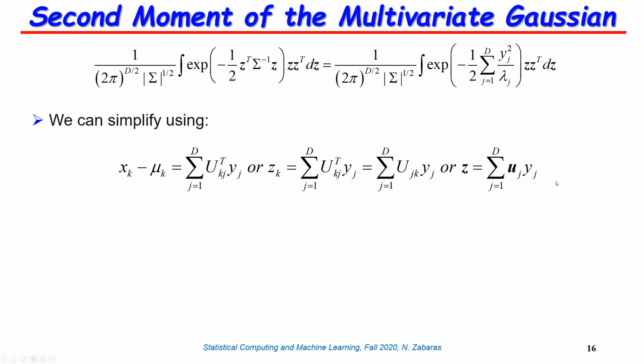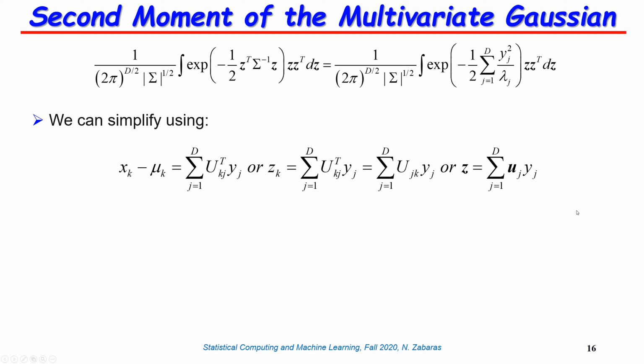The only thing I am going to say is that the k component of the eigenvector uj is the jk component of the orthogonal matrix U. So let me repeat, the k component of the vector uj turns out to be the jk component of U, and that's how this equation leads to this vector equation.